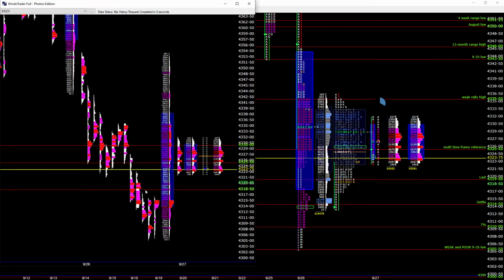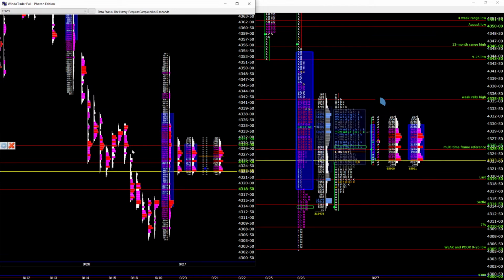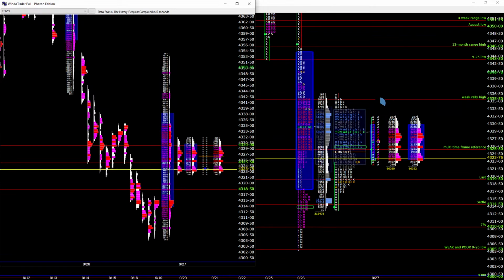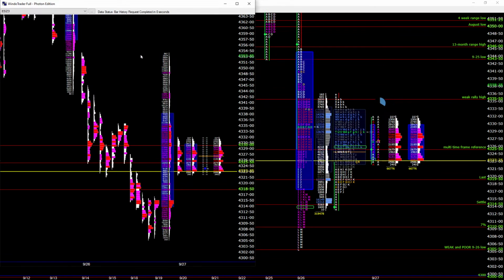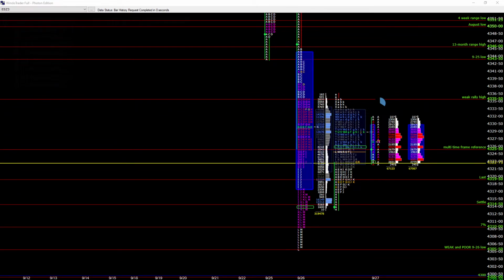I also use these histograms to see where the volume is. I can see it here, I can see it here. But after a couple of periods, I forget. I don't remember what happened in the market on those days.